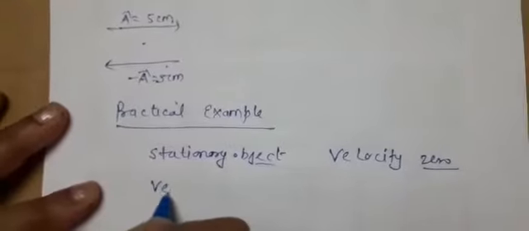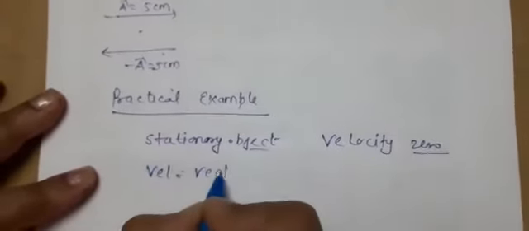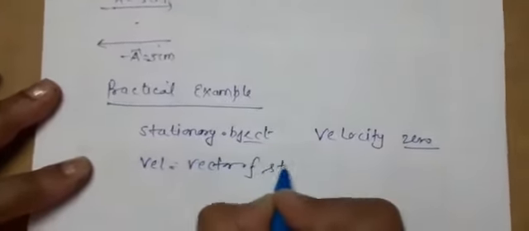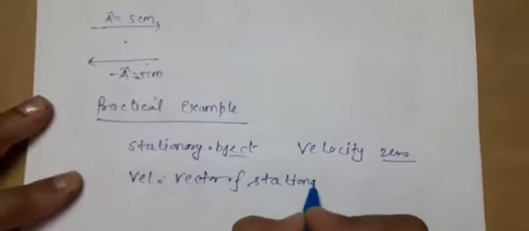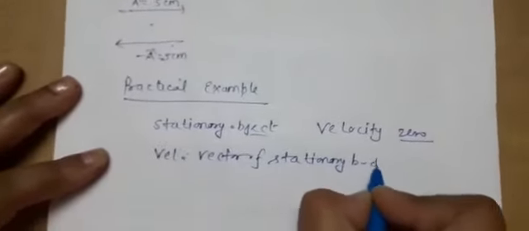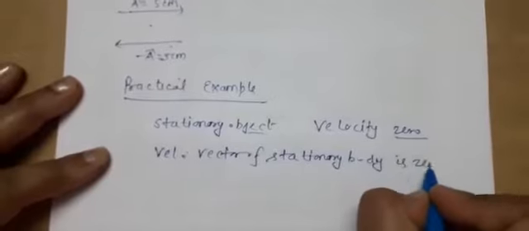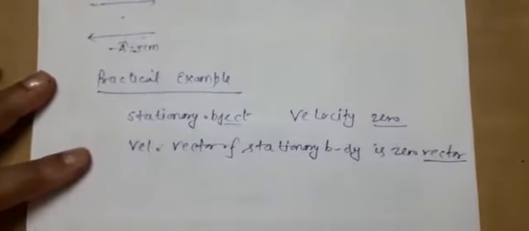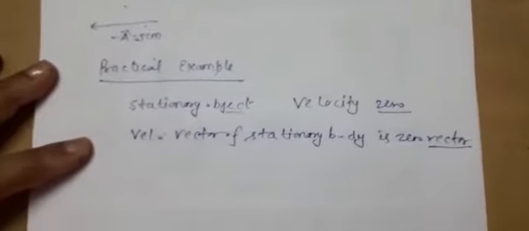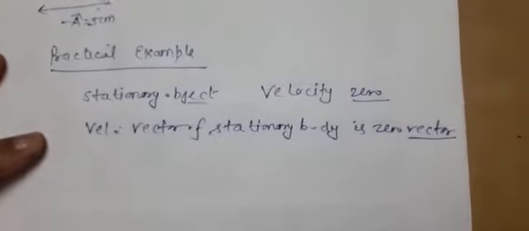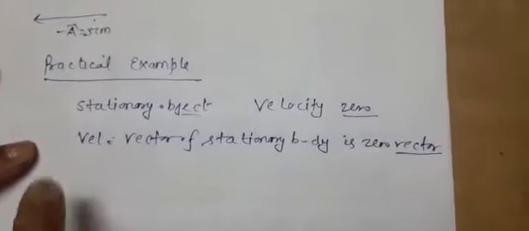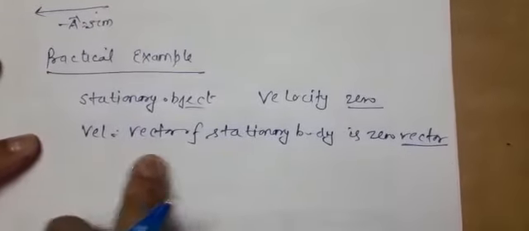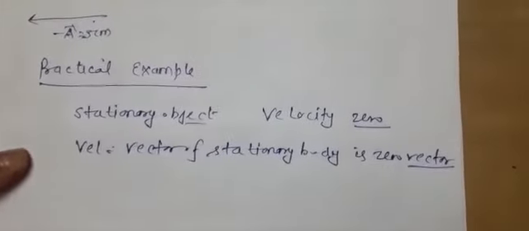So the velocity vector of a stationary body is a 0 vector, because the object is at rest and its position is not changing.